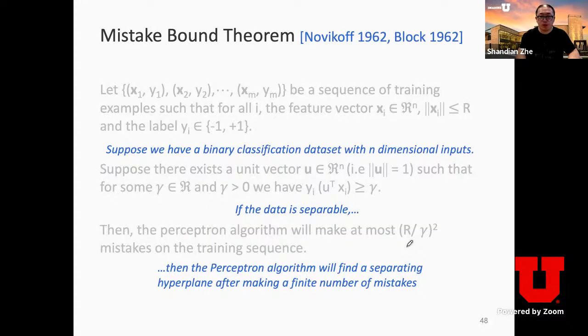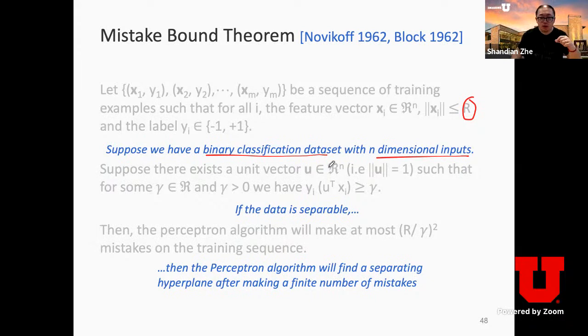Okay, so a more succinct summary of the Novikoff bound theorem is as follows. Suppose we have a binary classification data set with n-dimensional inputs. In practice, for any such practical data set, we can always find a maximum span, R. Just look at the furthest data point from the origin.